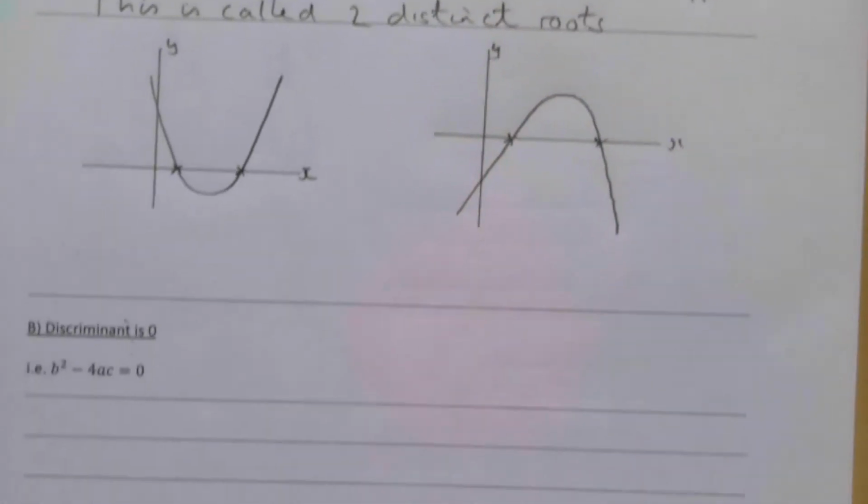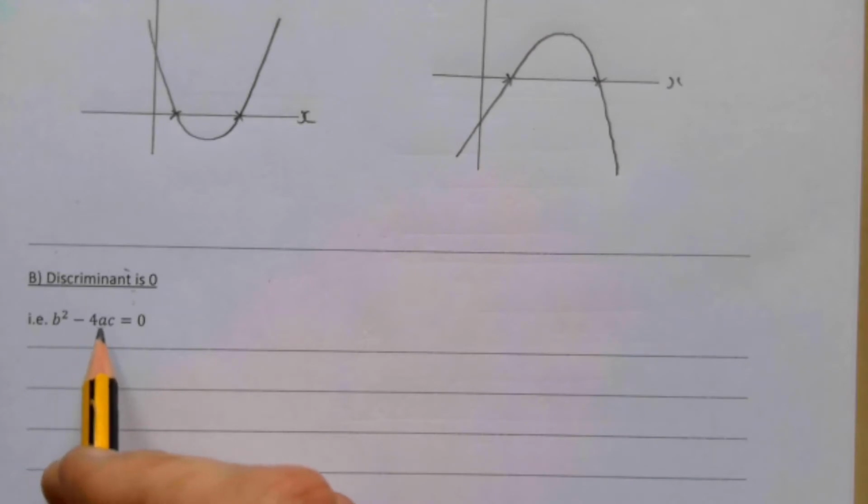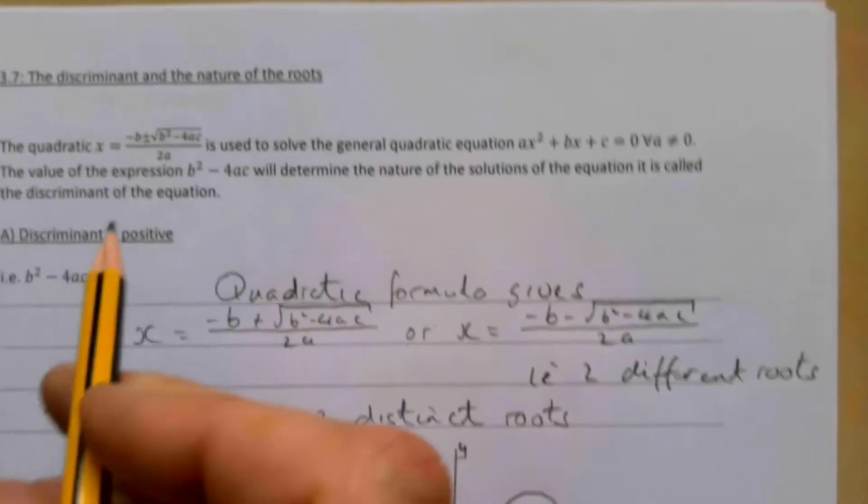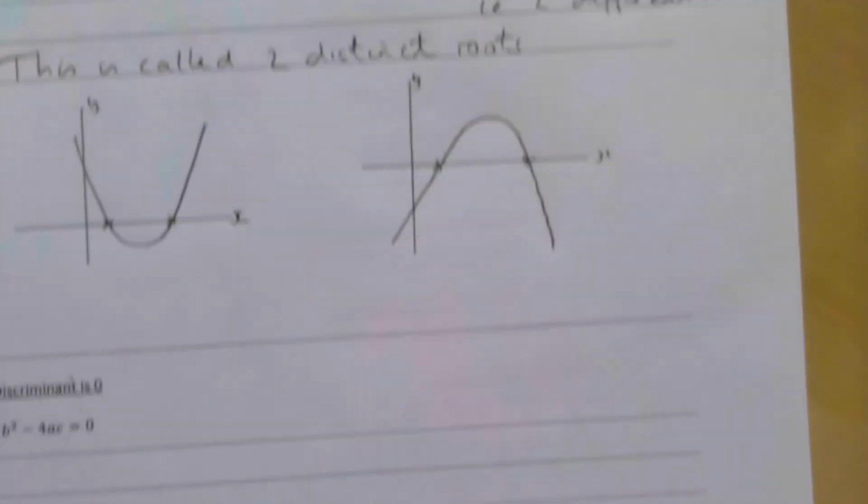The second case is if b squared minus 4ac is equal to 0. So this whole bit here comes out to 0.